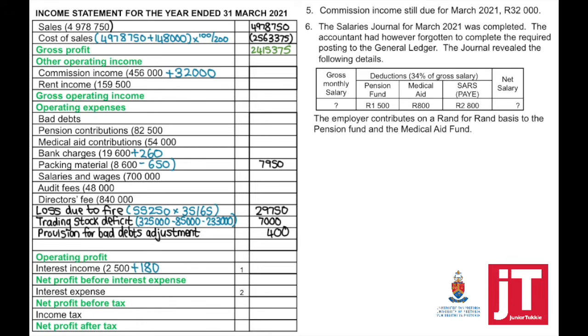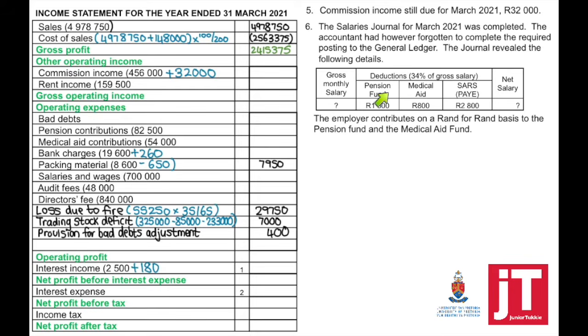I only care about the gross salary and the contributions because that is my expense which should reflect in the income statement. But now we've got a question mark and we've got a question mark. So how do we solve the gross salary? We need to look at what other information is given to us.